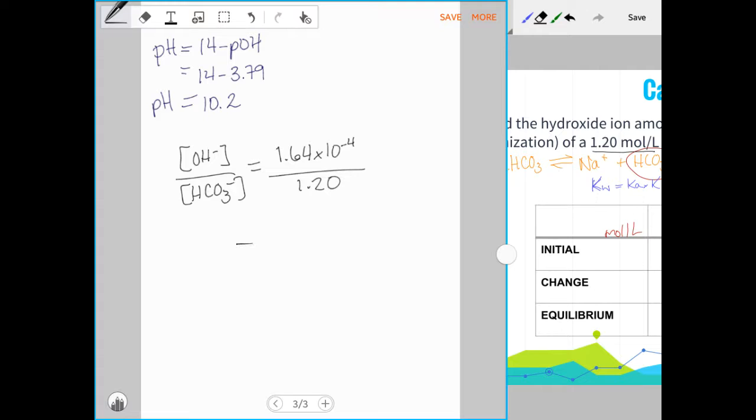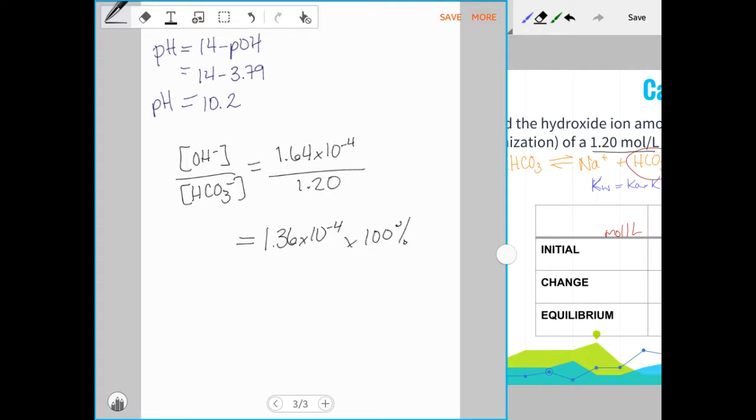Now when I plug that in, I should get 1.36 times 10 to the negative 4. But remember, I'm going to multiply this by 100% to get a percentage.